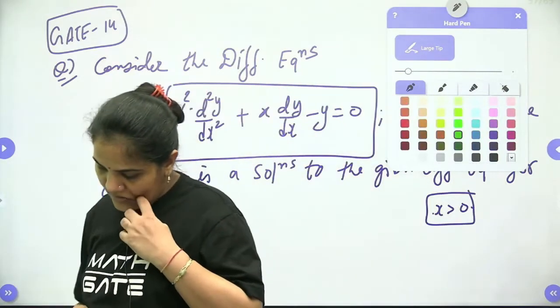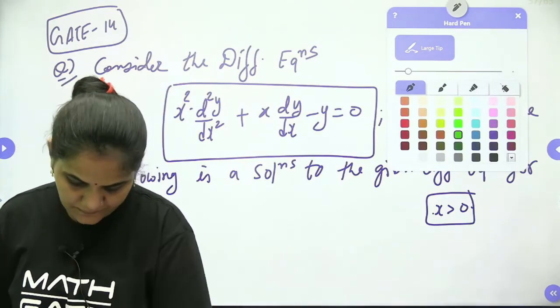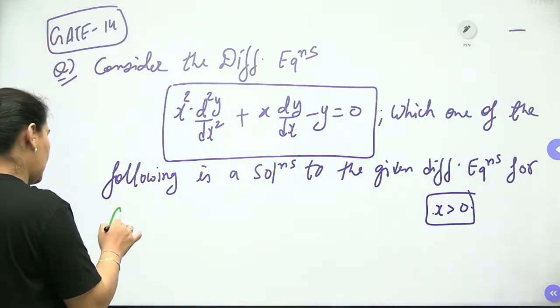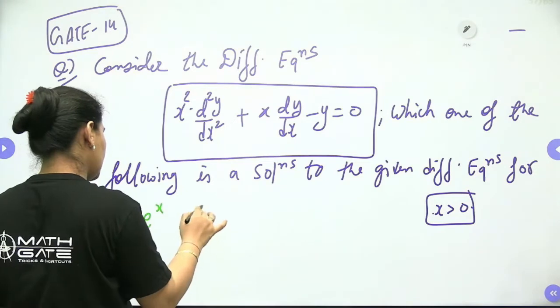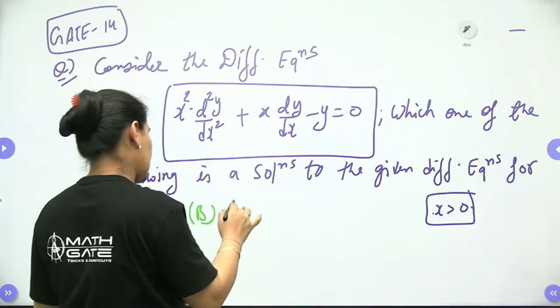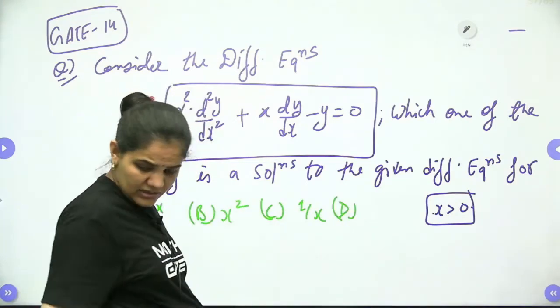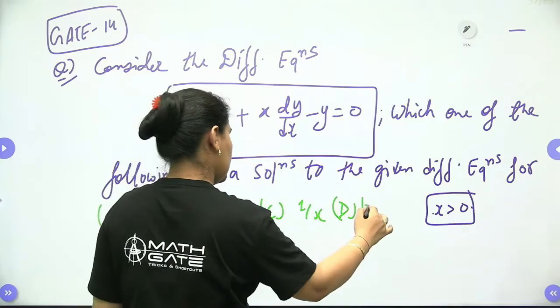We do have options: first, e to the power x; second, x square; third, 1 by x; and the fourth one is ln x.